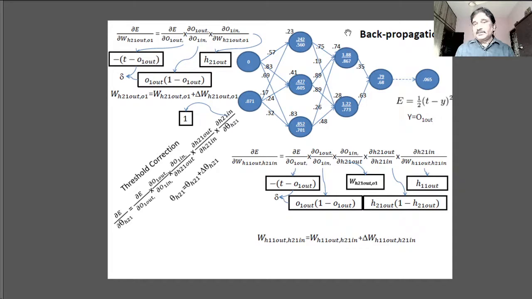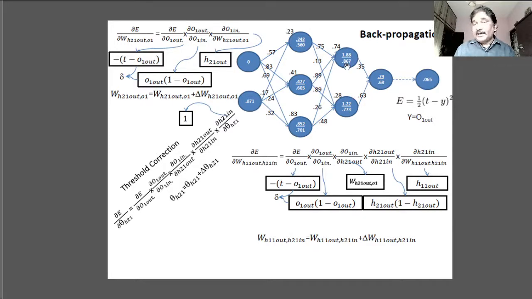But one thing needs to be noted here, that here there was only one weight. That's why it was possible for us to get delta value here so easily. Simply what I did, delta value here multiplied by weight here, multiplied by H21 out into 1 minus H21 out got me delta value here.